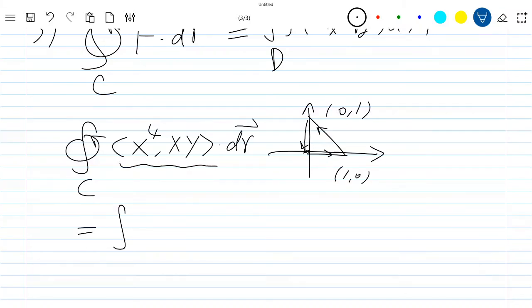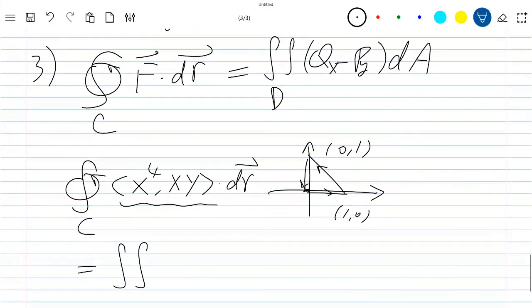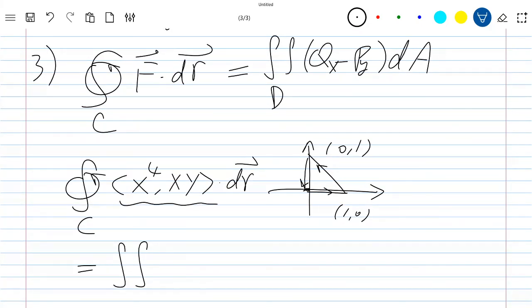Let's see what we have. If you change the domain, the domain is just this triangle, right? Then let's see what's inside the domain. You have Q_x, which is negative y, and P_y is nothing, so it's just negative y, right?